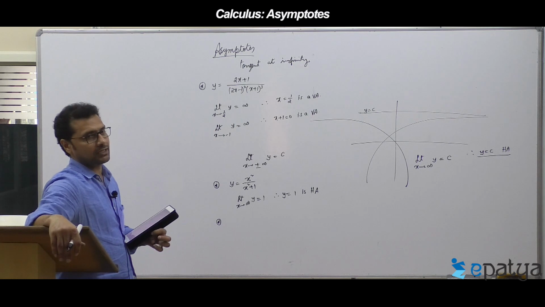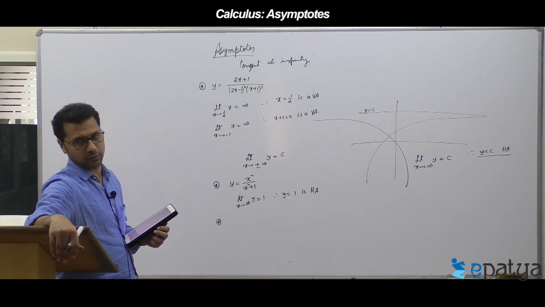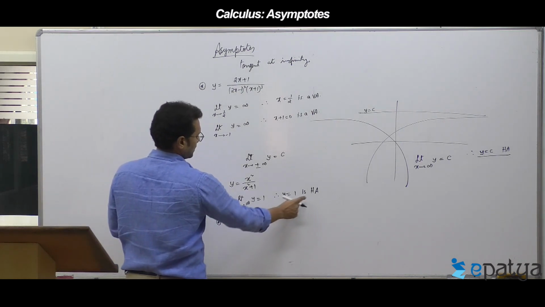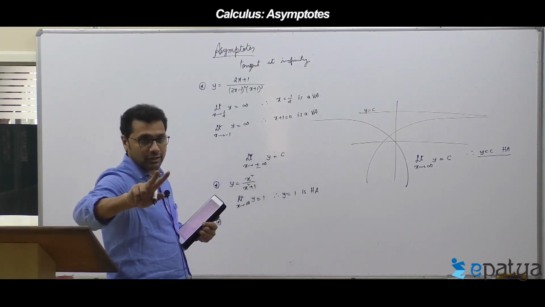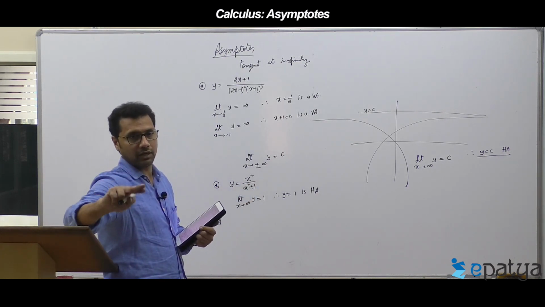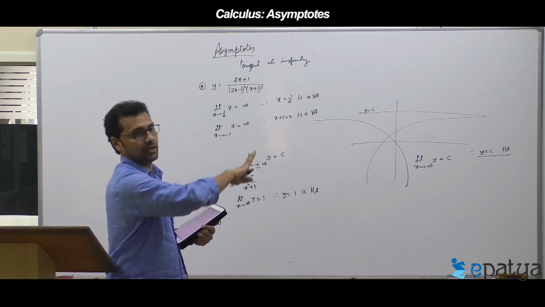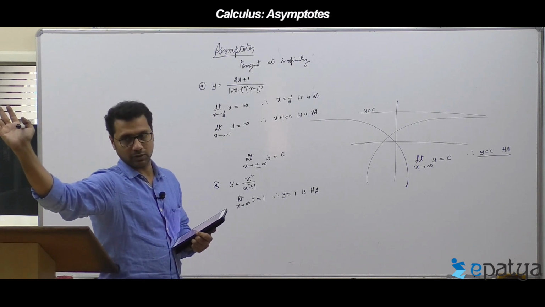So an nth degree algebraic curve will have n asymptotes, may be real or imaginary. Okay, that's what it means. In fact, in the case of this one, one horizontal asymptote I got, and there might be another two asymptotes, real or imaginary. If they are real, I can find them. If they are not real, they might be imaginary asymptotes.